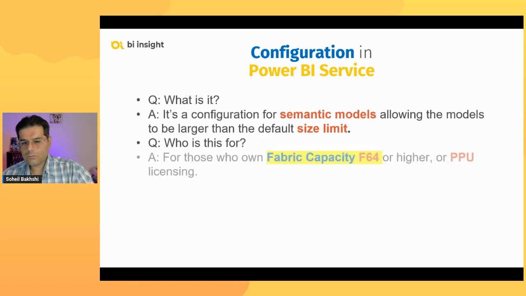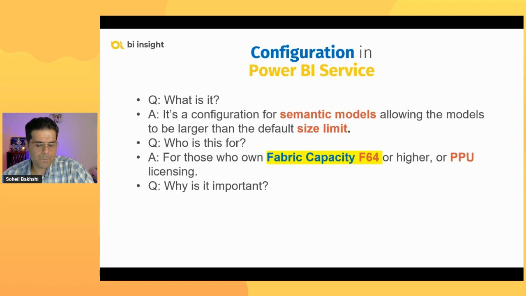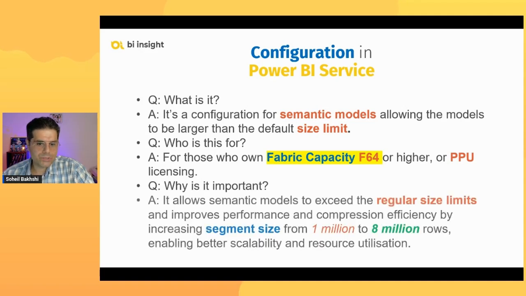Who is this for? Unfortunately, or maybe fortunately, there is a reason for it that I will touch on in a minute. It is specifically available for F64 Fabric capacities or higher, and Power BI Premium Per User licensing plan. Why is it important?